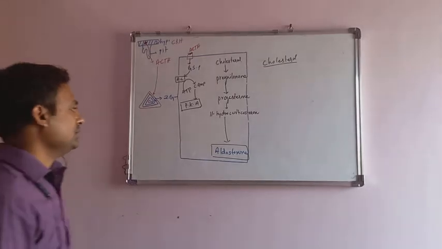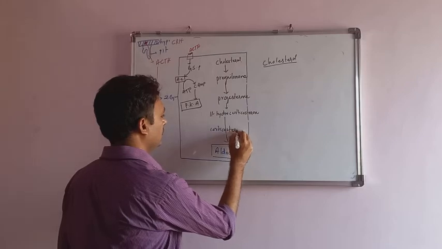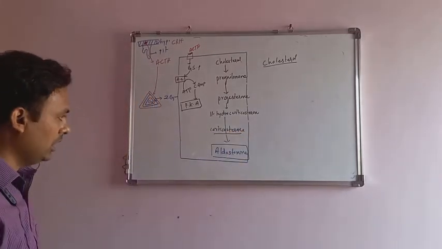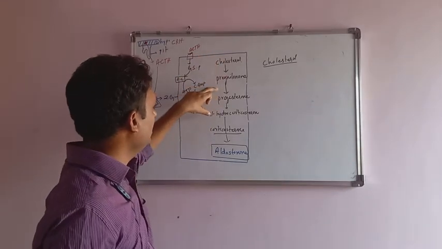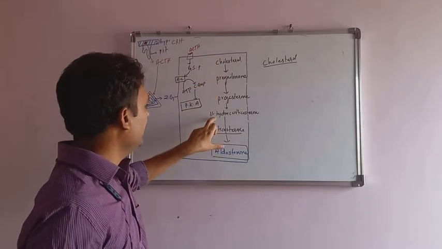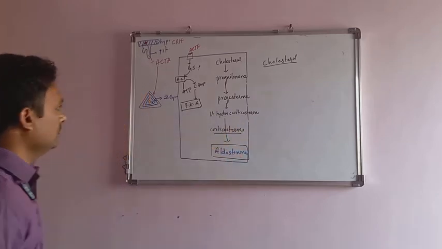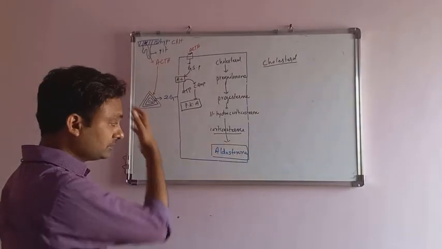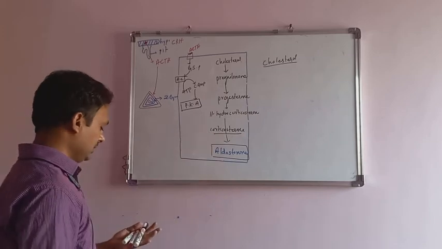In between, you can add corticosterone also. From the corticosterone, there is a production of aldosterone. See, these are the steps: cholesterol, pregnenolone, progesterone, 11 hydrocorticosterone, then corticosterone, then aldosterone. This is how aldosterone is synthesized in the cells of zona glomerulosa.